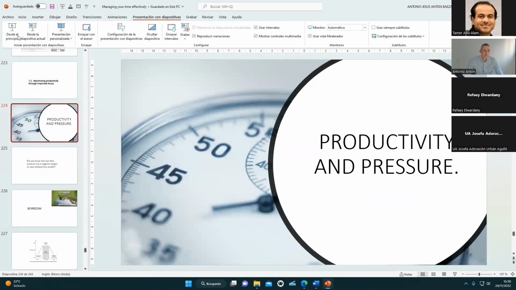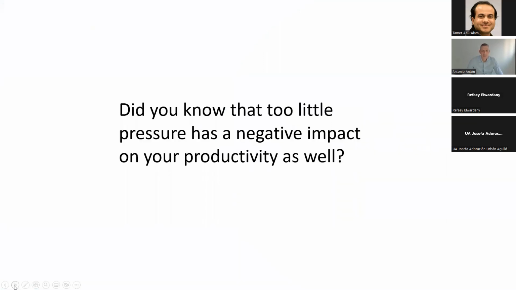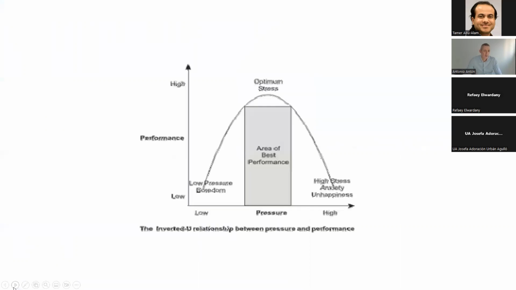This is about productivity. This is another term apart from cost. But I wanted to raise a question: too little pressure has a negative impact on your productivity as well. Sometimes this is boredom. Boredom means you have no productivity. You are not focused on productivity.